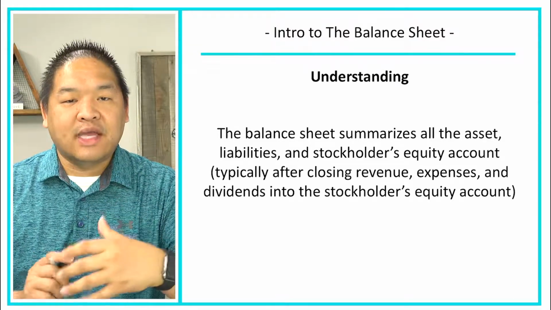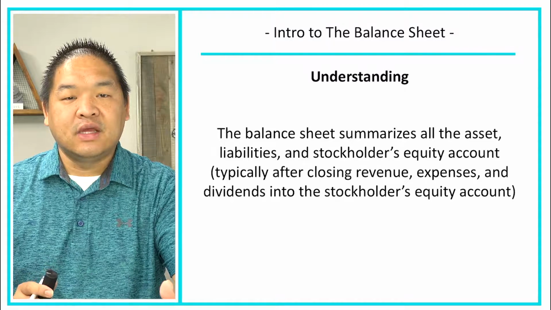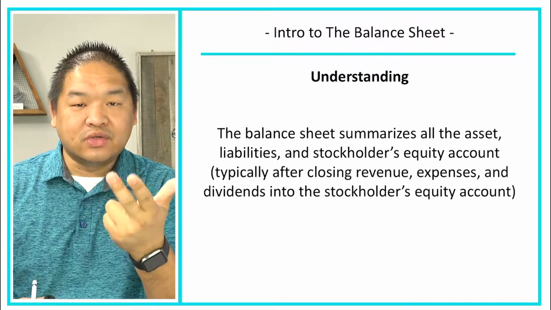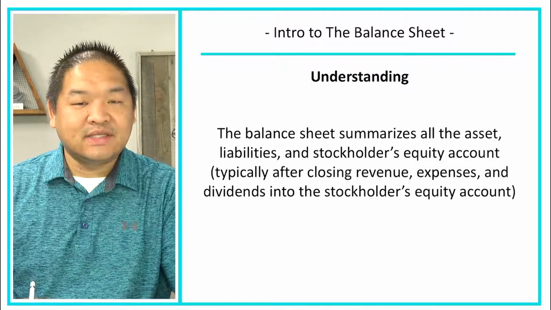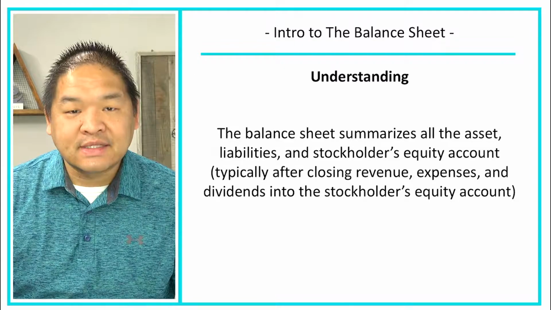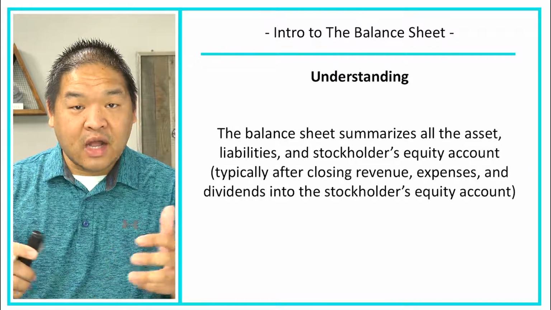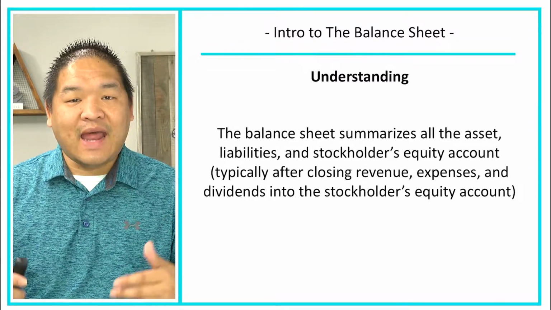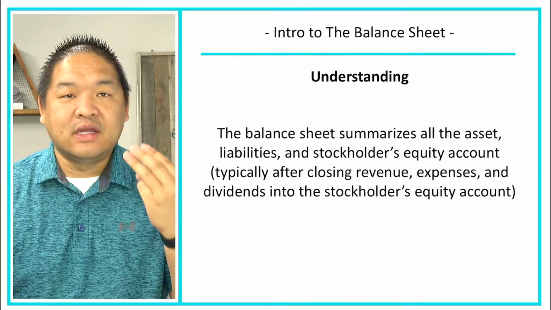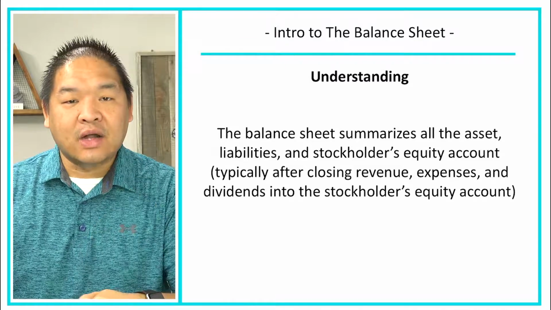Once we close those accounts to retained earnings, then all we're left with is assets, liabilities, and stockholders' equity. And so what this is saying here is that the balance sheet summarizes all of the assets, all of the liabilities, and all of the stockholders' equity. And typically it's done after we've closed out the revenues, expenses, and dividends accounts into stockholders' equity.